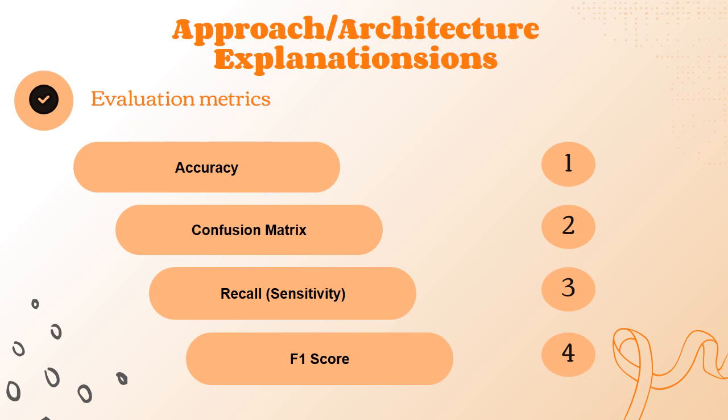Recall highlights the proportion of actual positive instances correctly identified by the model. The F1 score offers a balanced assessment of the model's performance, considering both false positives and false negatives.